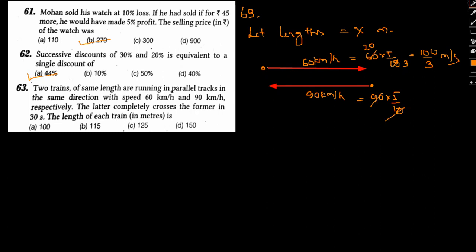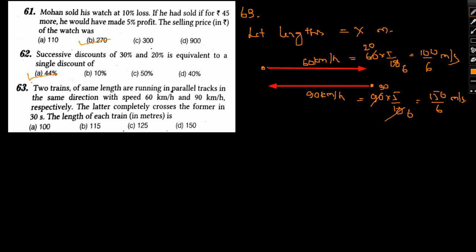My bad guys, this one will be 20 by 6. I'm dividing the same with 6 only. So 100 by 6 meter per second. This one again dividing by 3 in both cases. So 30 by 6, that is 150 by 6 meter per second.